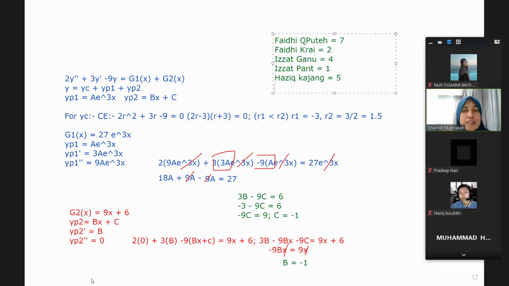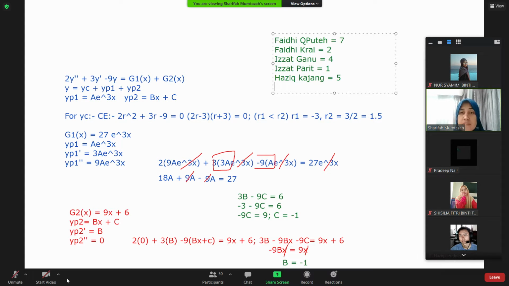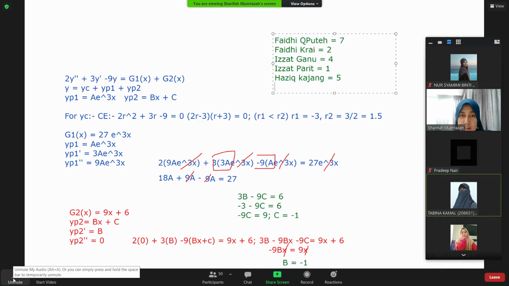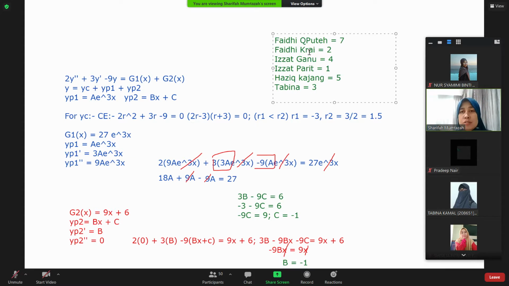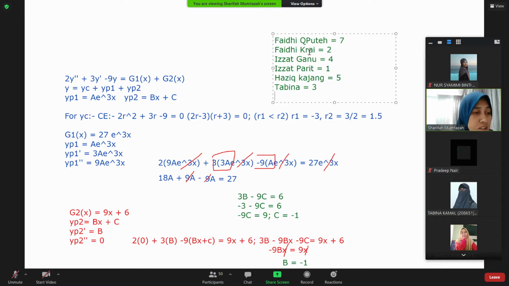Cecilia, Pontian, Group 5, already there. Tabina, Group 3. Shafika, PJ, Group 6.